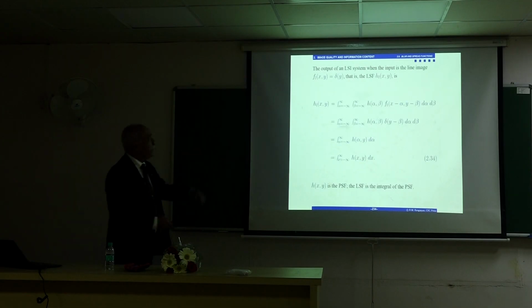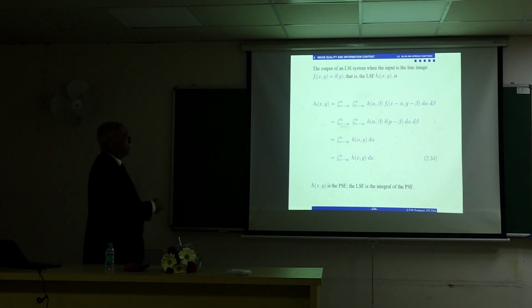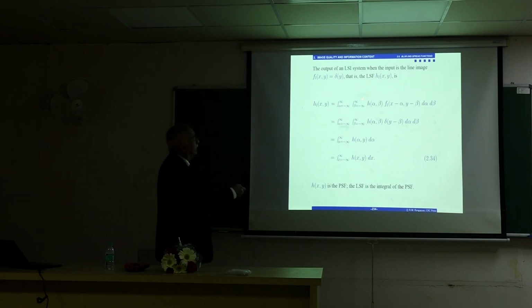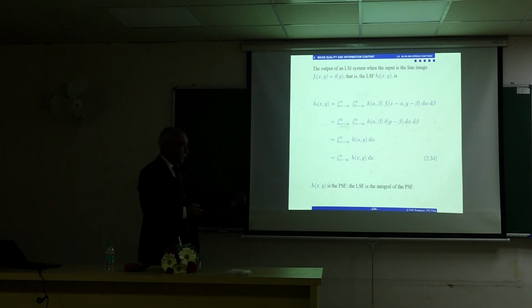That's the notation used. Now the line spread function h_L(x,y) is the impulse response h(alpha, beta) in 2D convolved with the image f_L. That's the line image. Or you can shift the other way, they change the variables.